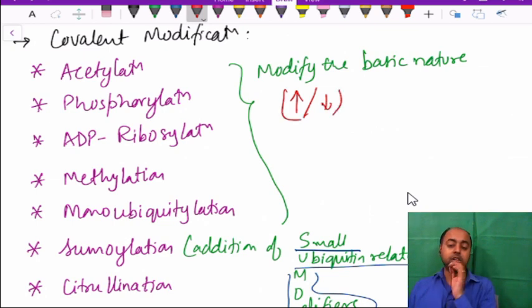Now this is very important. The DNA is wrapped around the histone and it is tightly attached because they have the opposite nature. Now if I make the histone less basic so that the attraction is less, the separation of the DNA from the histone will become easier. If the separation is easier, the transcription will occur faster.